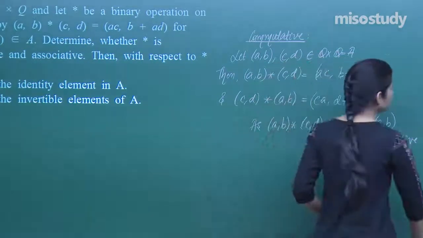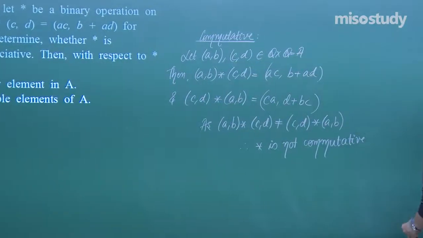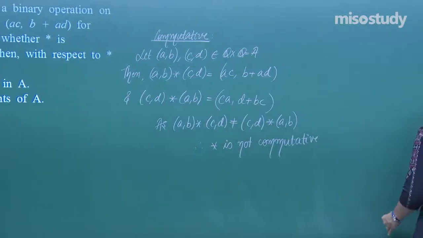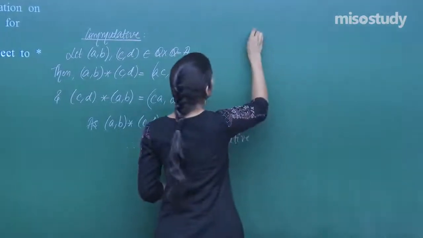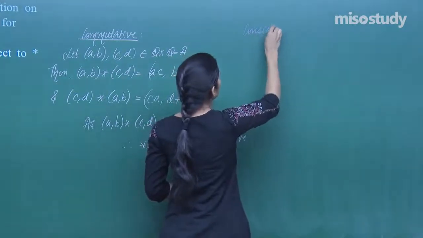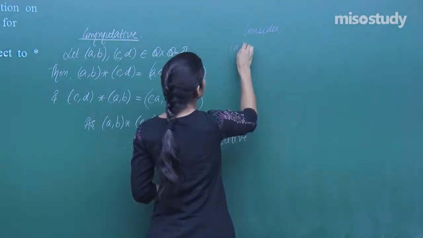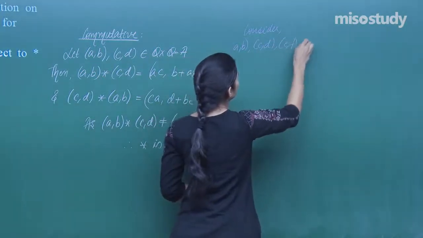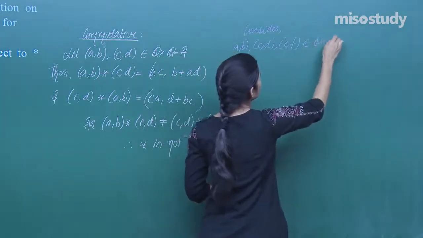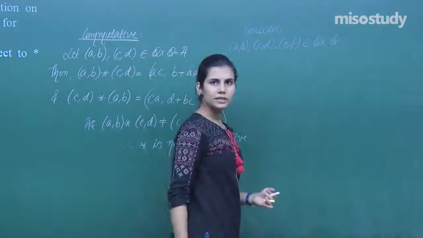Fine. Now we need to talk about the associativity. So let's consider (A, B), (C, D), (E, F). For that we need three elements coming from the set over which the binary operation has been defined.